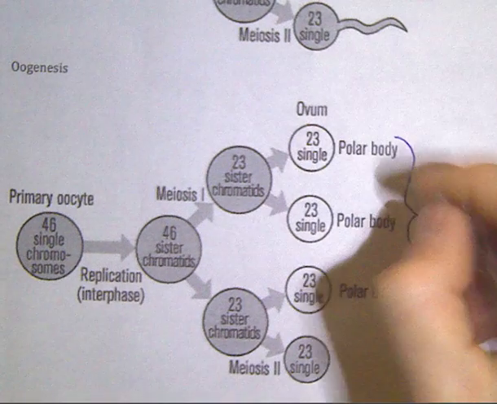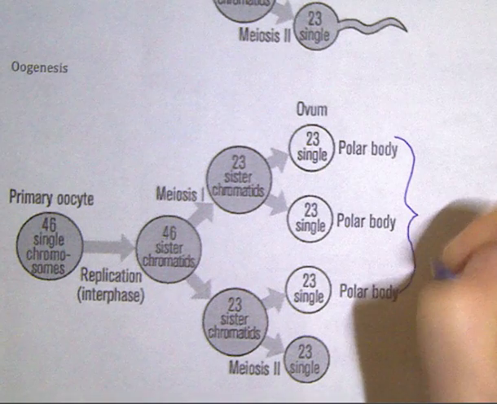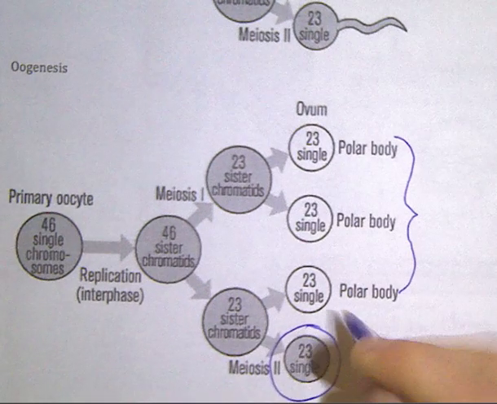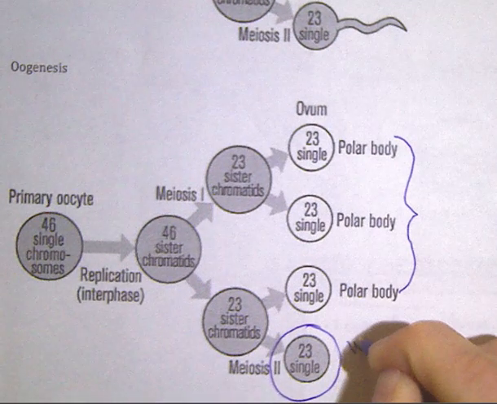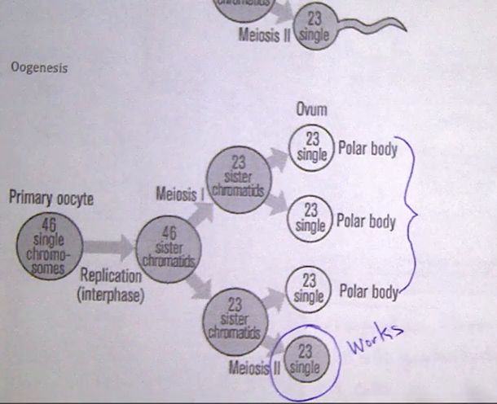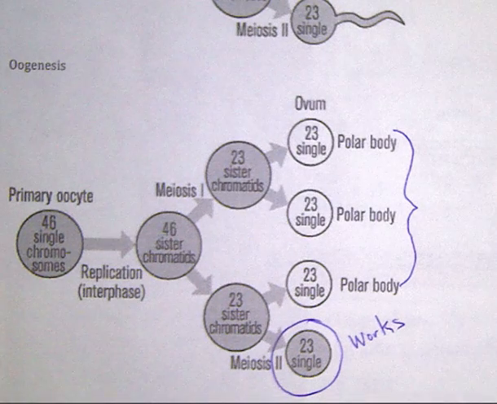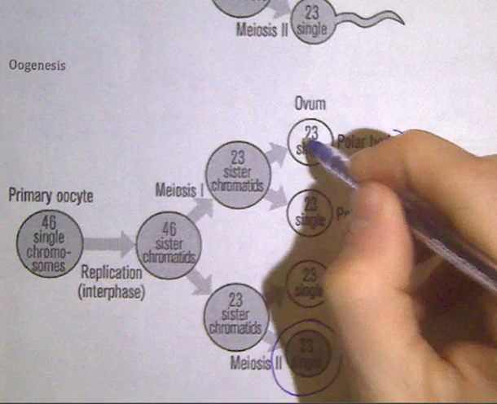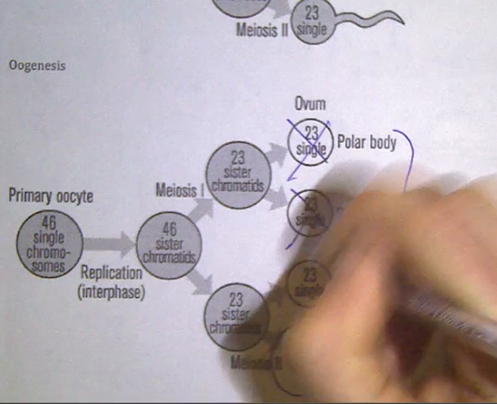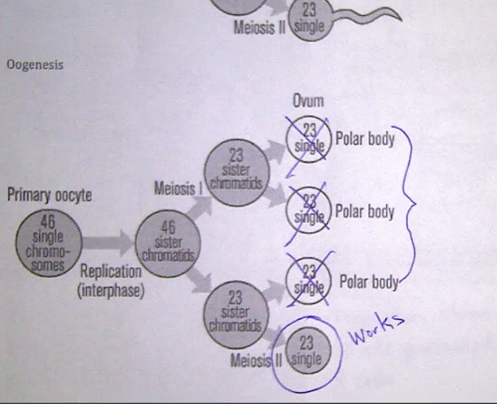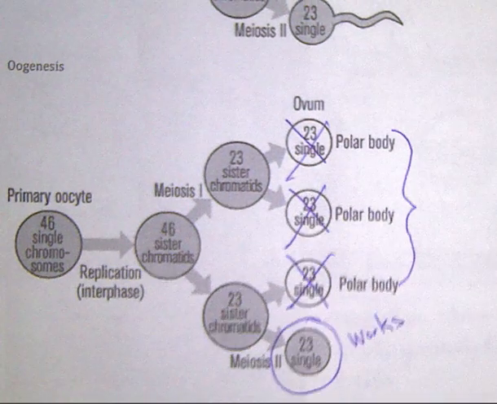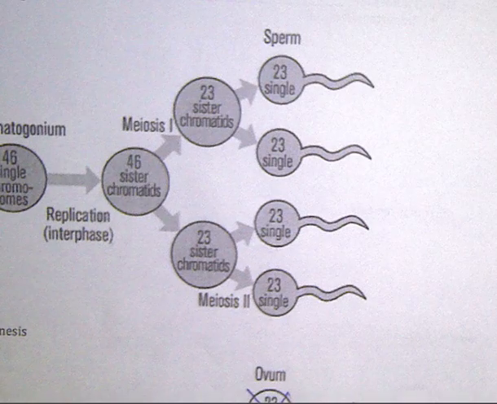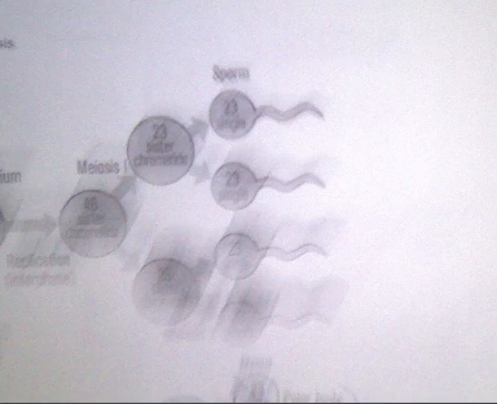Of the 4 cells, only one of them is viable, meaning one of them actually works when females are making eggs. The other 3 are too small. They're called polar bodies, and they end up dying off. In males, all 4 of them work.